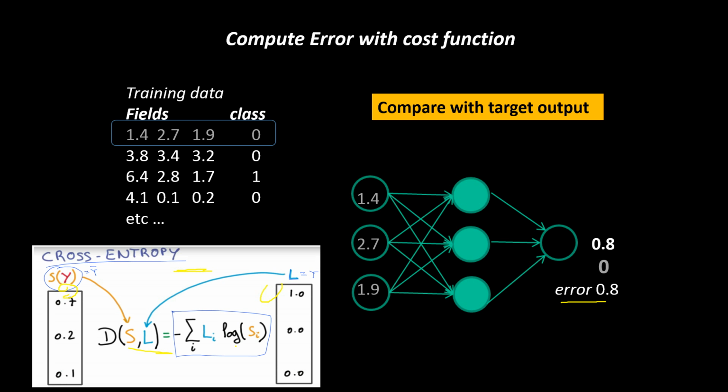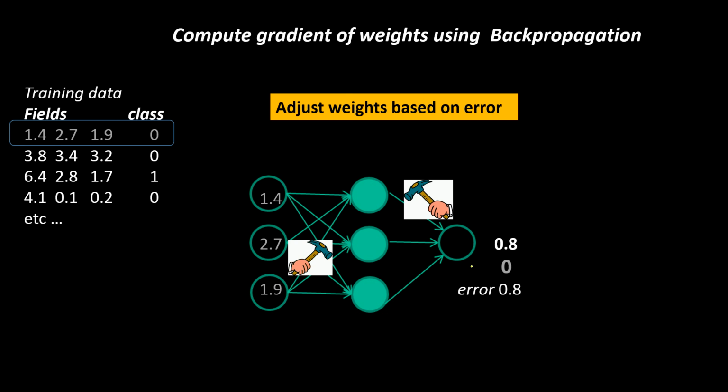Now once we have computed this error, we'll compute gradients. Gradients mean, based on this error, how much the weights should change to rectify this error.